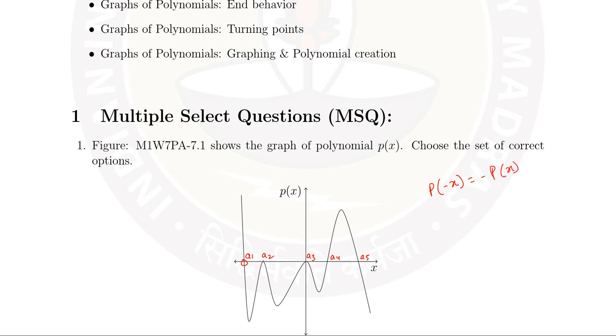Or from the graph, when p of x is symmetric about the origin, it will be an odd function. But what we notice here is this is not a symmetric graph. It is not symmetric about the origin, therefore this is not an odd function. Let's go and see the next option.